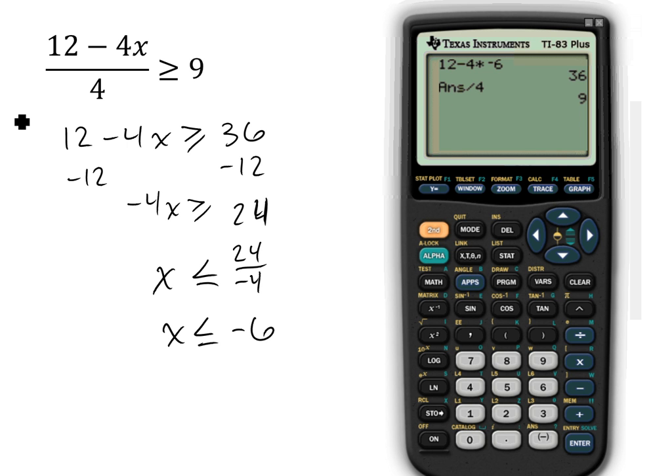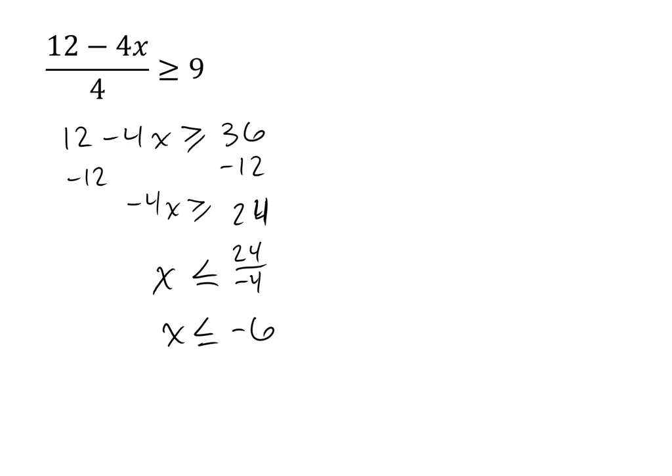So, 12 minus 4 times negative 10, enter, and divide that by 4, and I get 13. And 13 is clearly greater than or equal to 9. That's nice. Let's clear this. Put the calculator away. Next question.